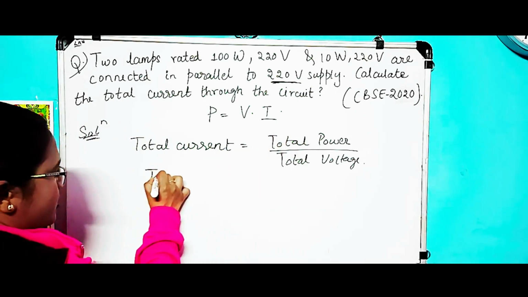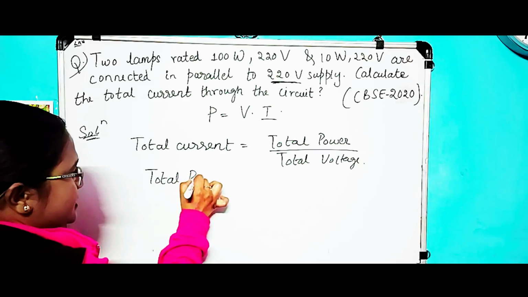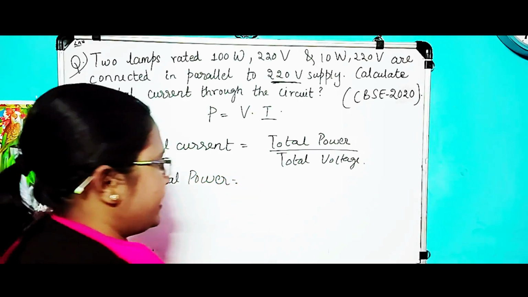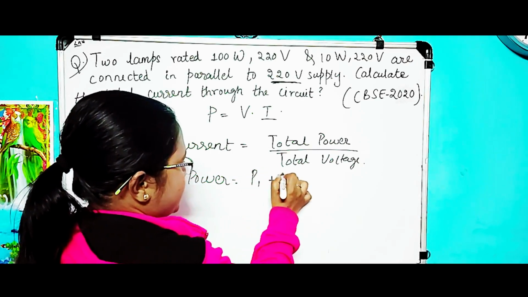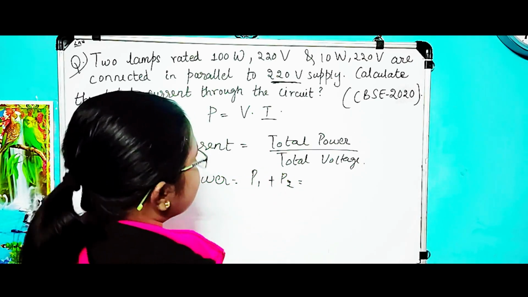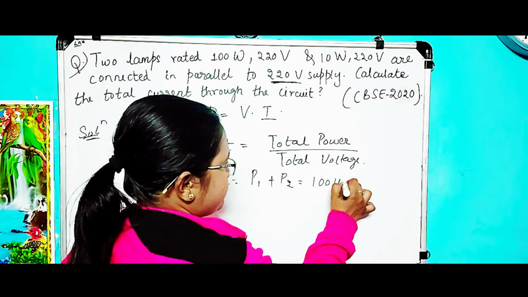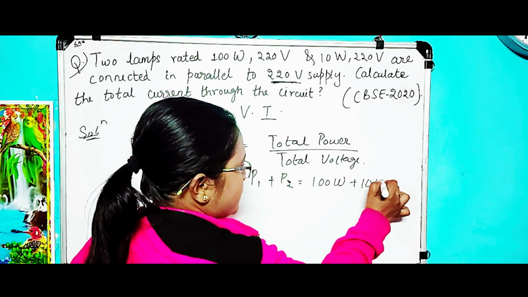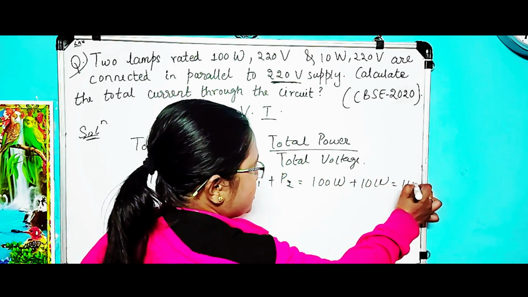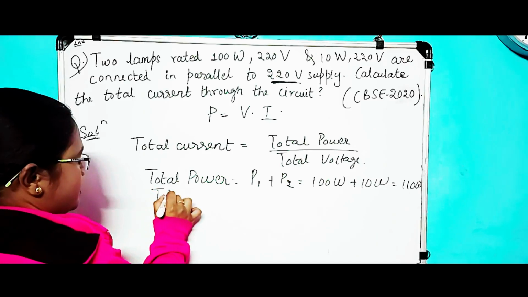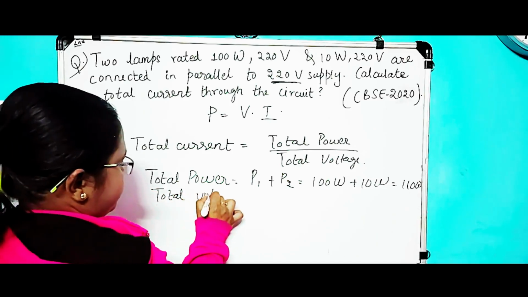So for total power, since it is connected in parallel, the total power gets added up. That is, we take P1 plus P2, that is 100 watt plus 10 watt, equals 110 watt, right? And what is the total voltage?